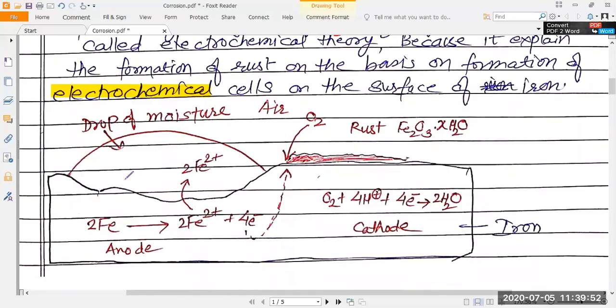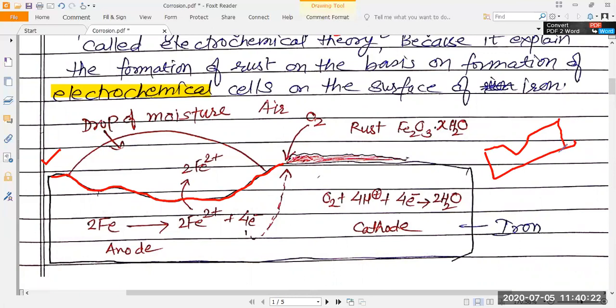We have to see this diagram. This is the surface of iron, and these are the bends, or these are the cracks, or these are the pits of iron. Pits of iron means the surface which is not a plane surface. This is the pit of iron.